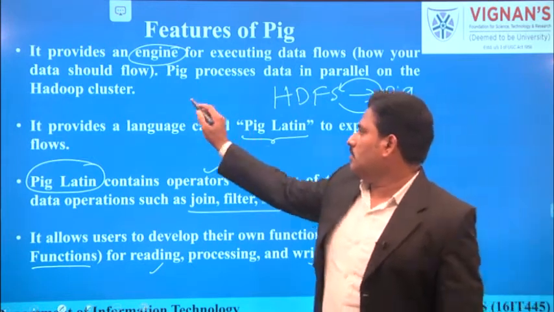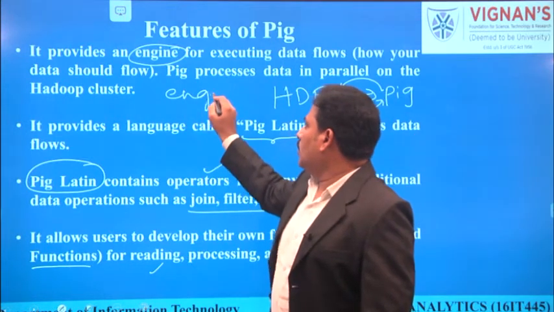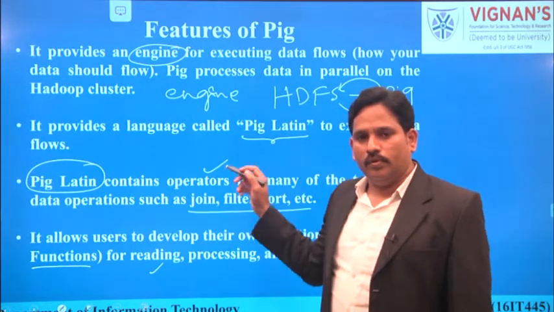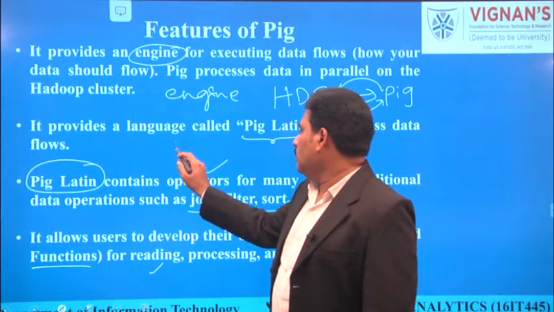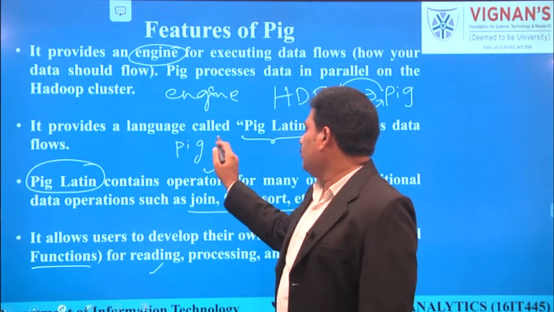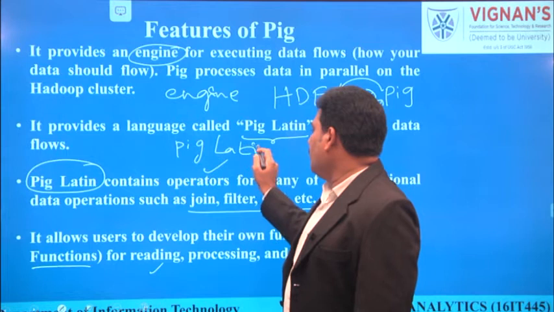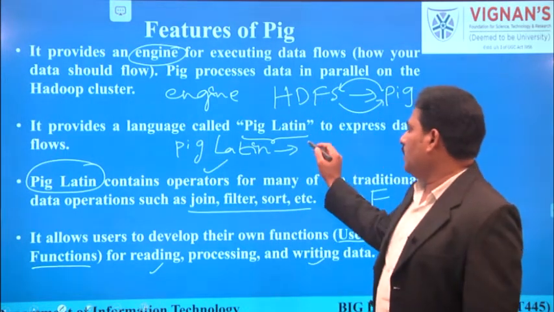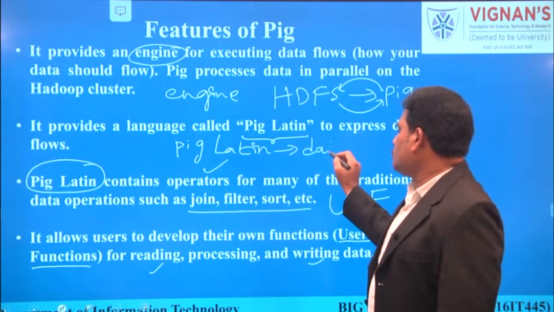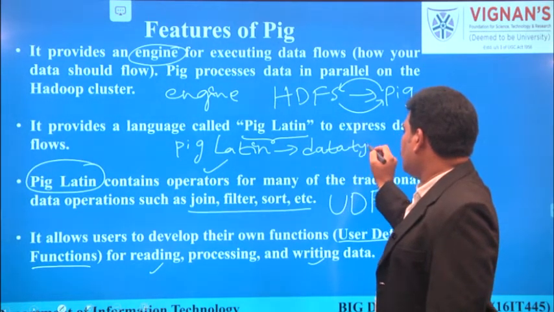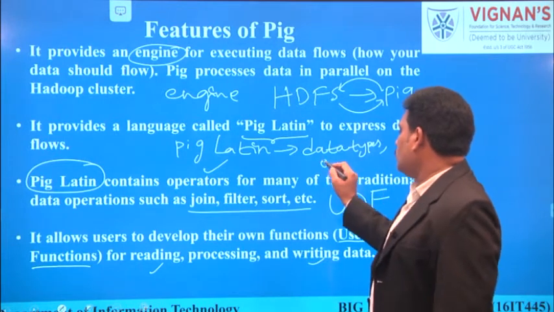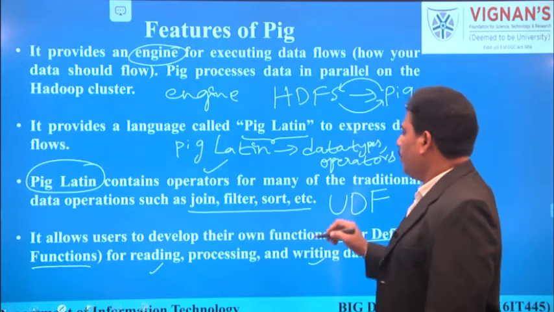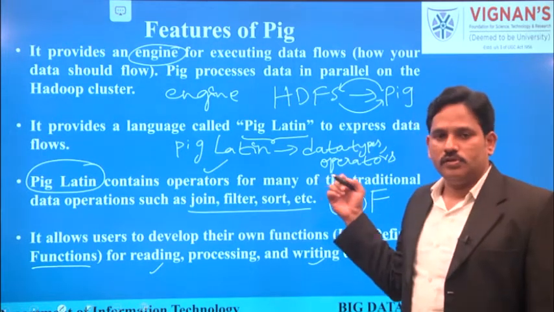So these are the following offerings from Pig. Pig will act as an engine to perform data processing activities. To write programs, Pig offers a programming language called Pig Latin. Like any other programming language, Pig Latin also has various data types. Pig Latin also has operators, and basic operations can be performed using Pig Latin.